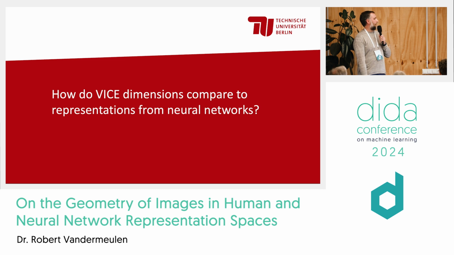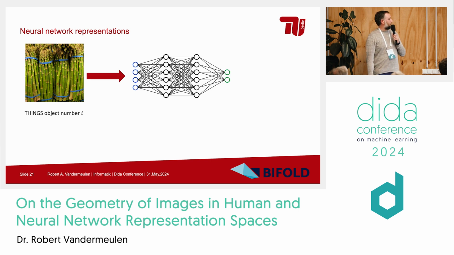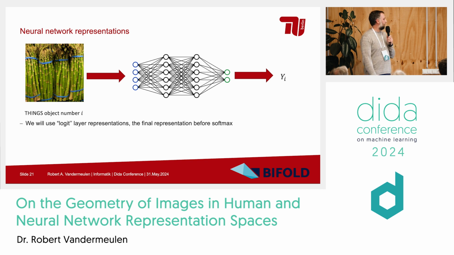Okay, so step 2: how do Vice dimensions compare to representations from neural networks? So what's going to go on here? We're going to take a neural network and an image from things associated with an object concept. This is object concept I. We're going to pass it through a neural network and use some representation from the neural network as the neural network's representation for this object.